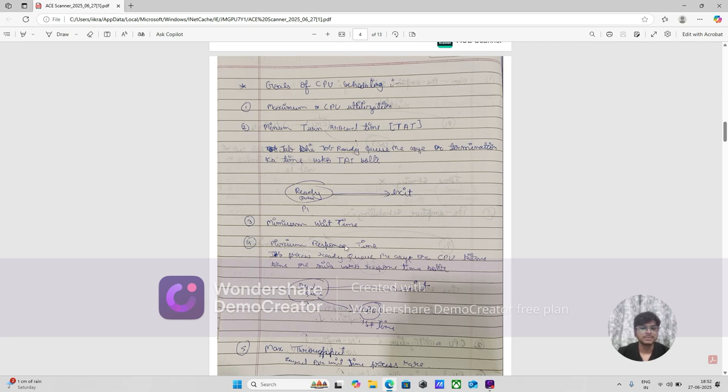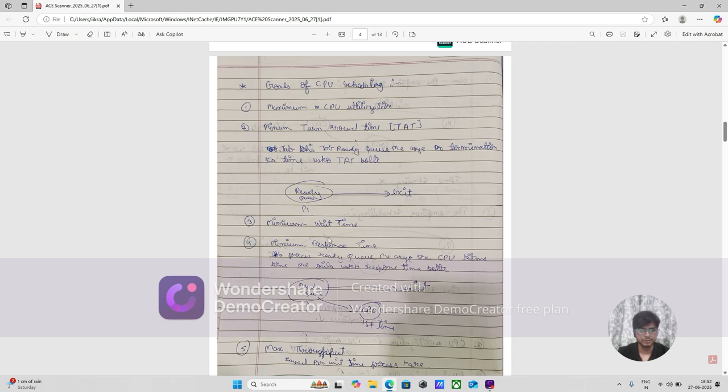Fourth, minimum response time. If P1 has come to the ready queue, and then P2 comes, then only the CPU is allocated to P1, so the response time is minimum.